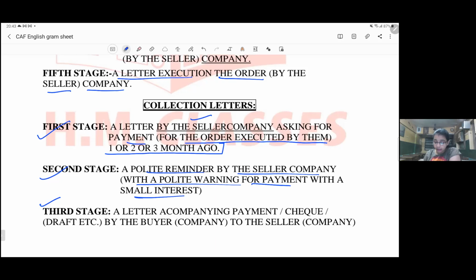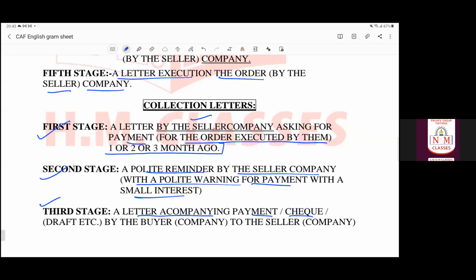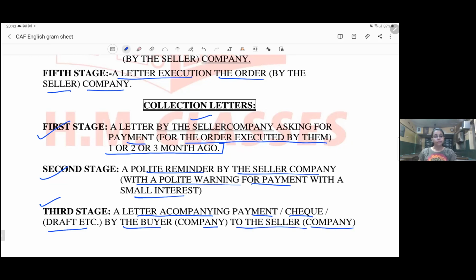Third stage, a letter accompanying payment check, draft, etc. By the buyer company to the seller company.